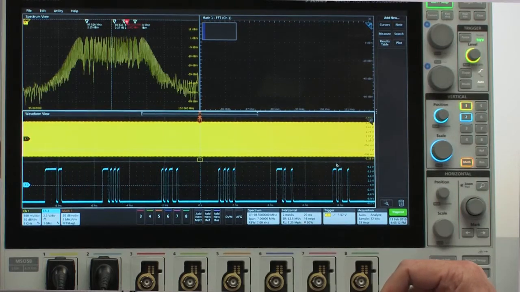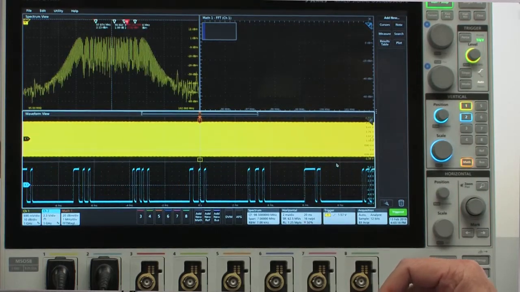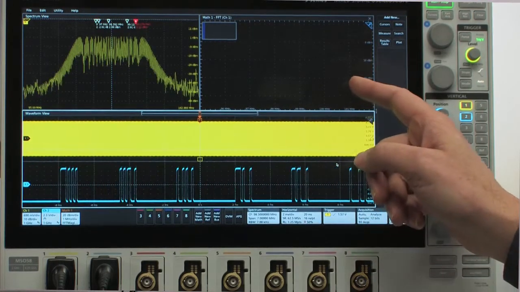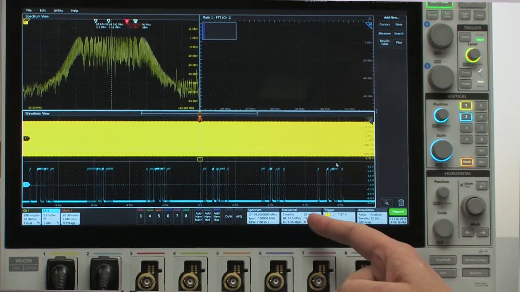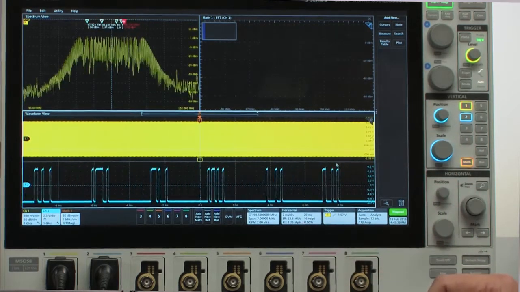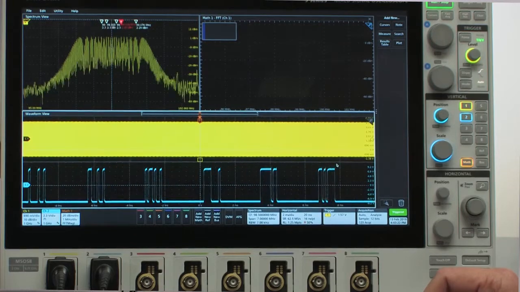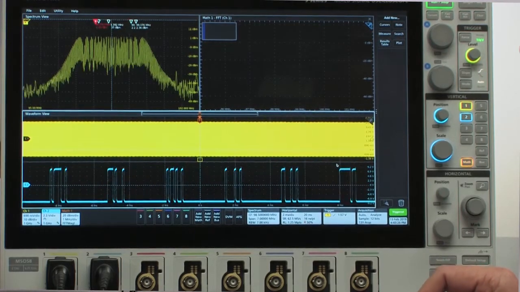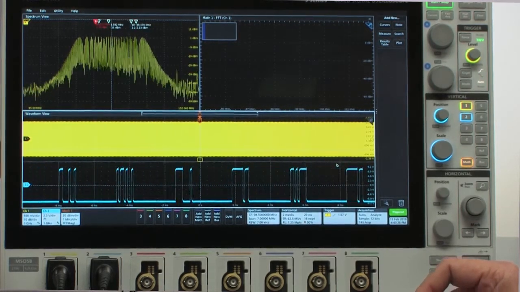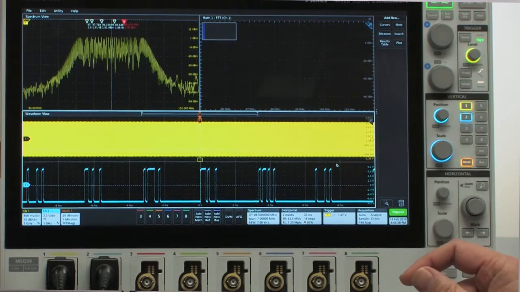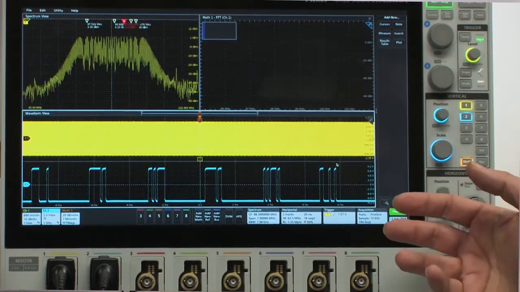Yet my FFT view is now not only not showing a flat line, it's not showing anything. The reason why, if we look down here at our acquisition settings, we're acquiring at 62.5 megasamples per second, which is not enough to capture the Nyquist information on a 100 megahertz spread spectrum clock.